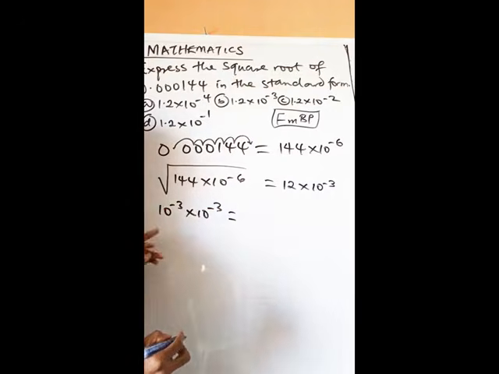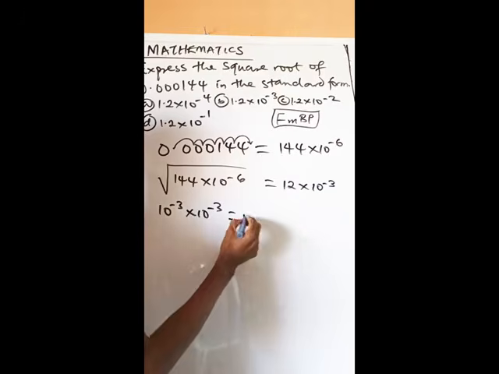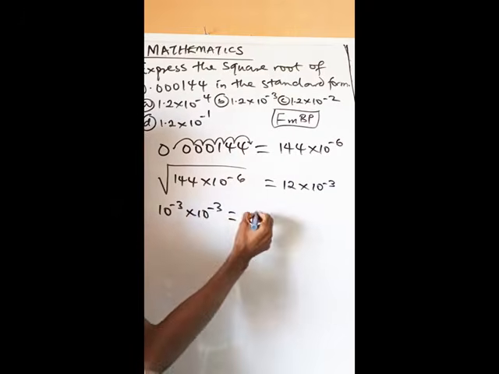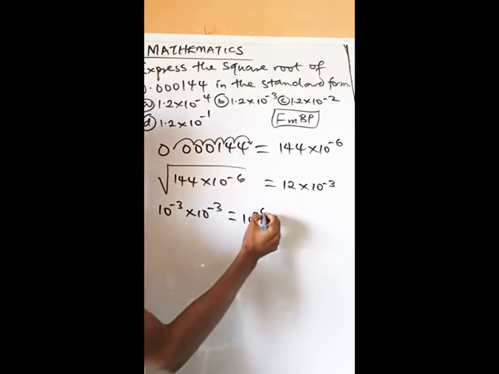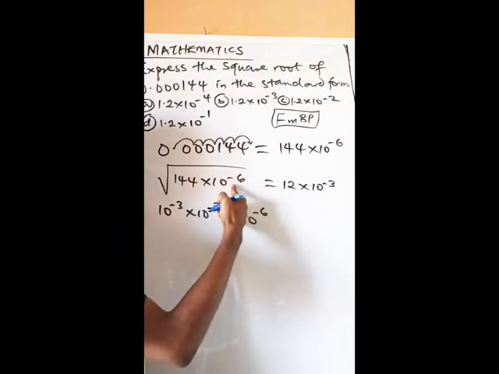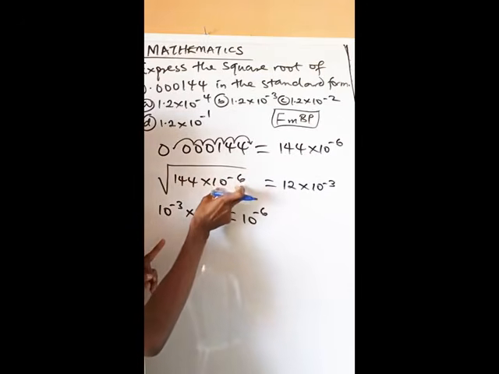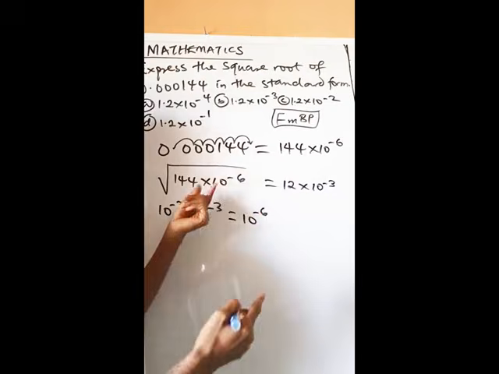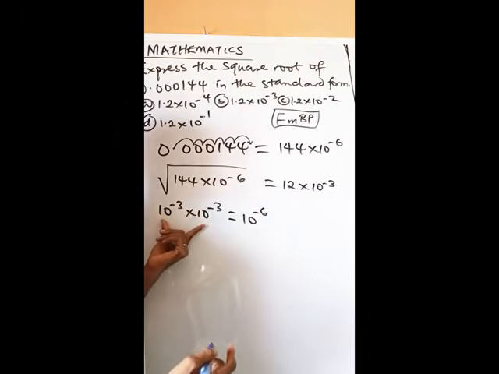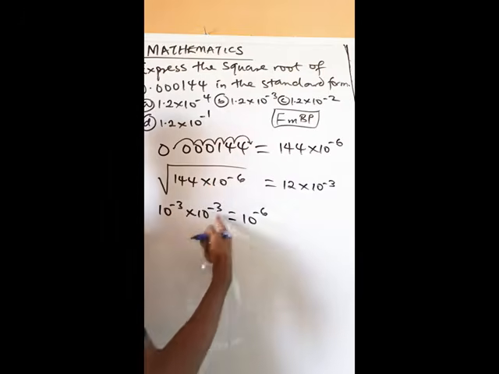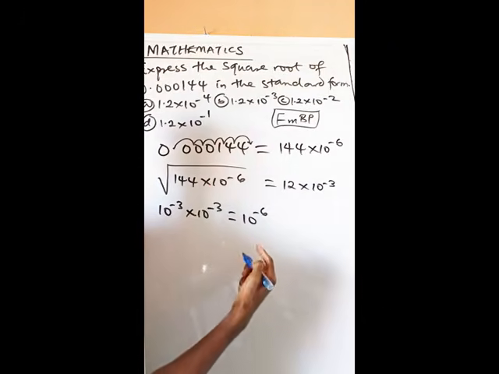All you need to do is to pick one of these 10s and you have the power. It will be minus 3 plus minus 3, that's minus 6. And that's this. So the square root of 10 raised to the power minus 6 means what will I multiply by itself that will give me 10 raised to the power minus 6, and that's this. So the square root of this is this, and then we have it.